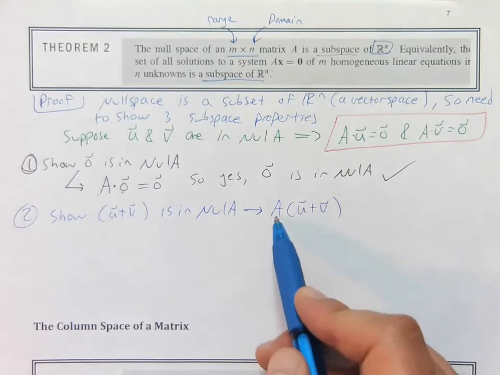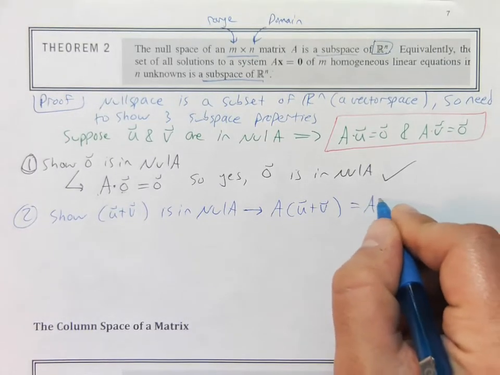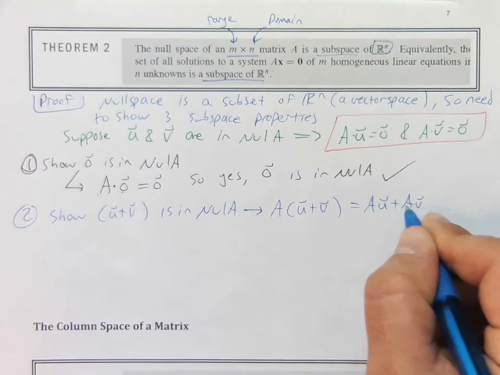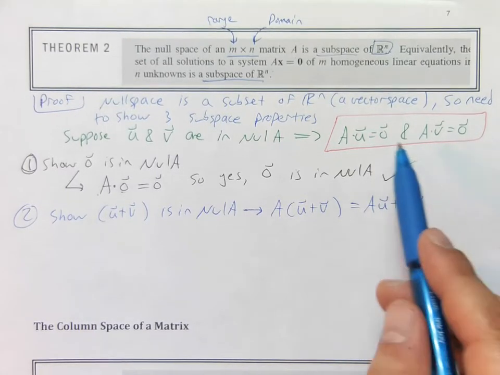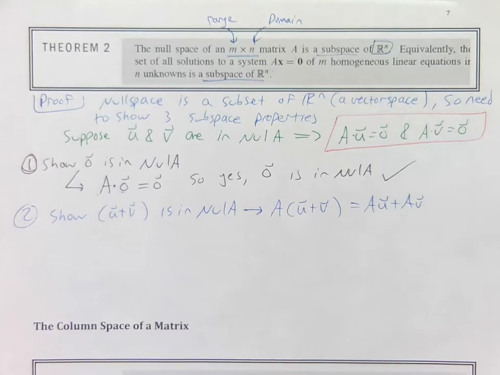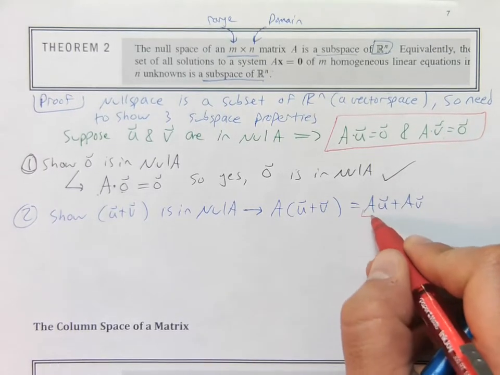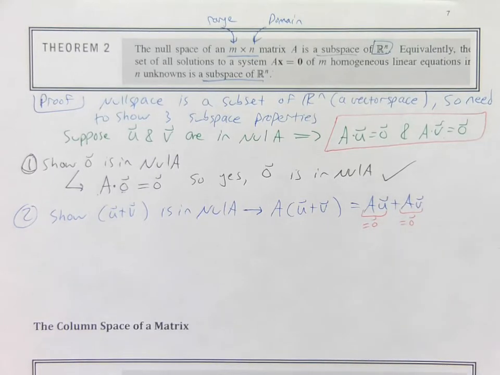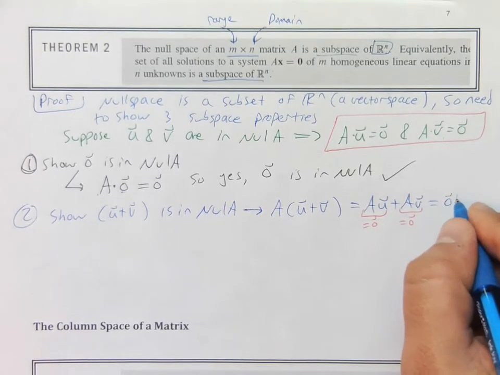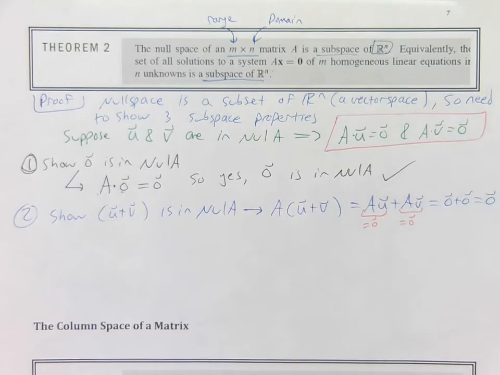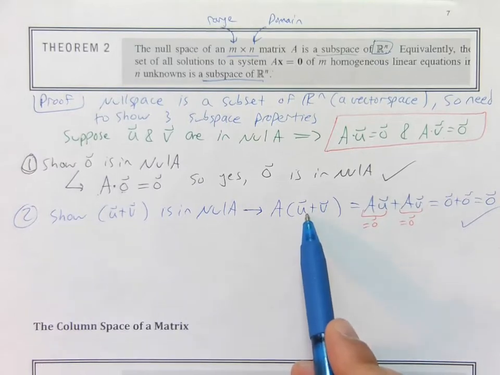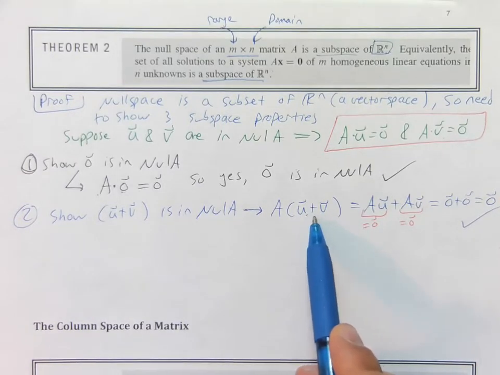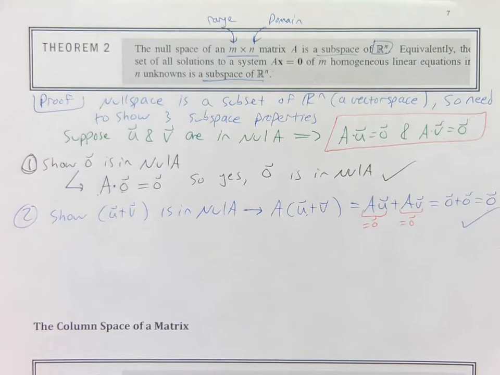We can distribute the matrix through the sum of vectors, and we know that each individual term equals 0, from the property up here. So we just got 0 plus 0, which is 0. That one worked too: u plus v is also in the null space because we multiplied u plus v times A and got the 0 vector.